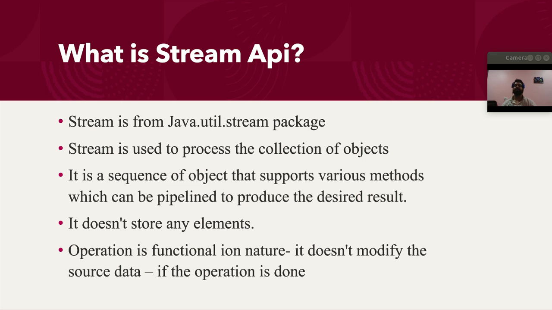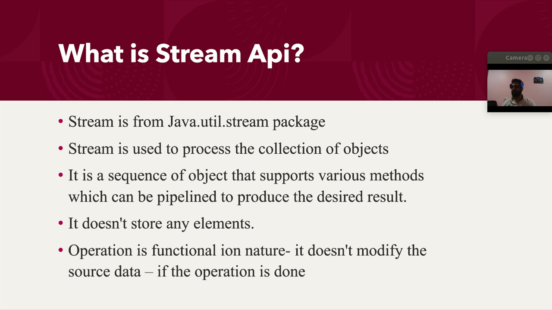So basically, Stream is from the java.util.stream package, and it came from Java 8. Stream is used to process a collection of objects, right? It is basically used to process the data which is stored in a collection. It is a sequence of data that supports various methods which will be pipelined to produce the desired result.